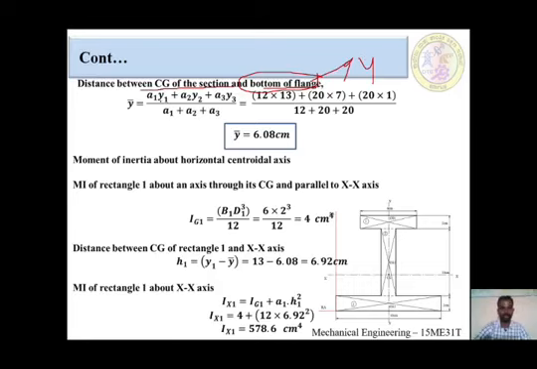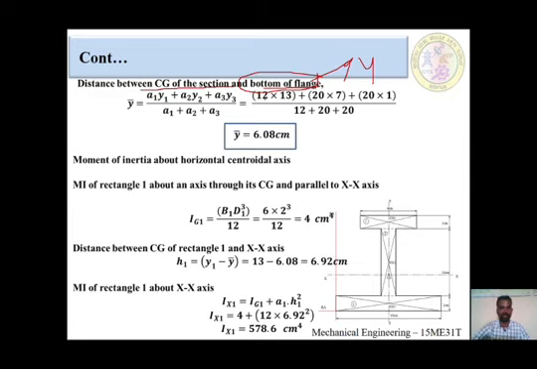We have three components. For that reason, the formula would be y bar is equal to a1 y1 plus a2 y2 plus a3 y3 divided by a1 plus a2 plus a3.